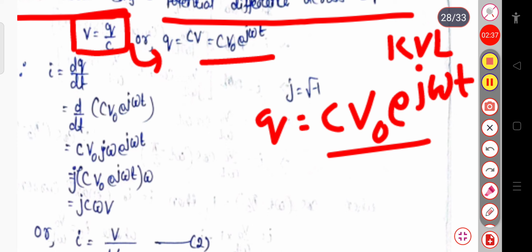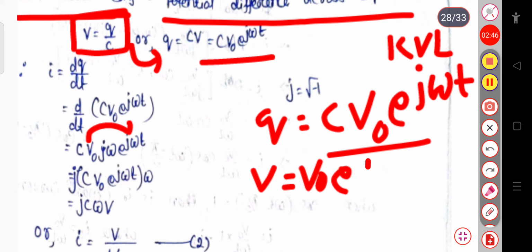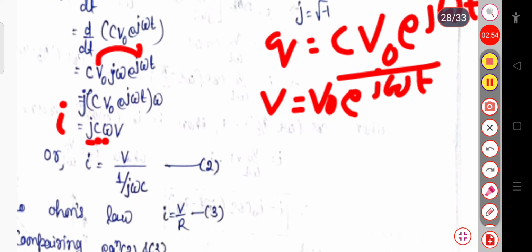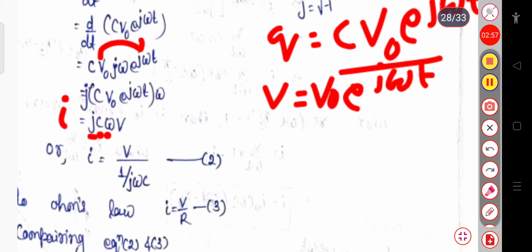This V naught exponential j omega t is nothing but the value of V, since we know V equal to V naught exponential j omega t. So I will be equal to j C omega into V, because in place of V naught exponential j omega t we have substituted V. This I can also be written as V divided by 1 by j C omega. This is our equation 2.